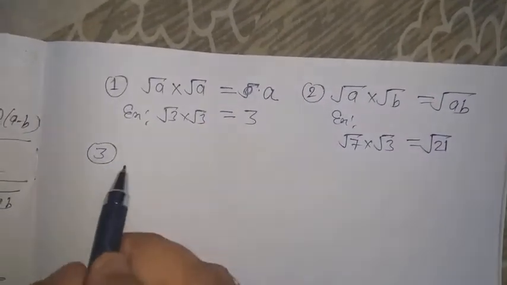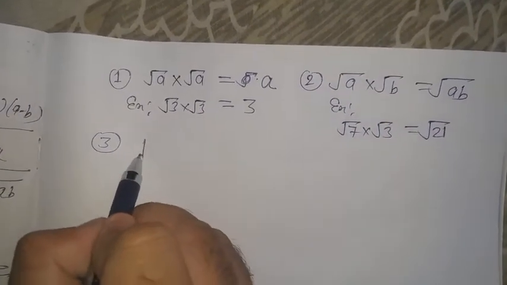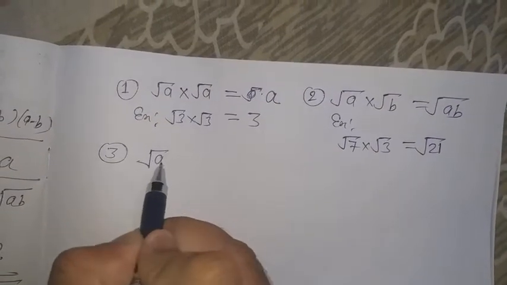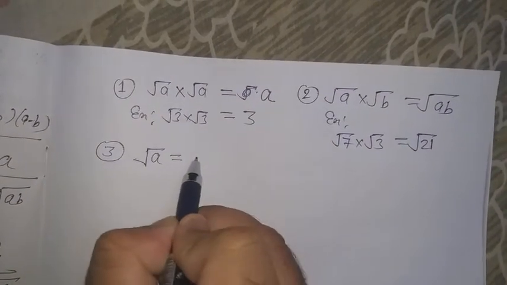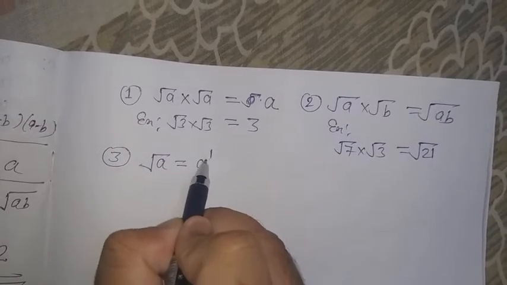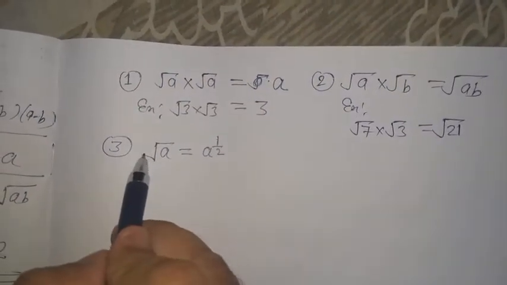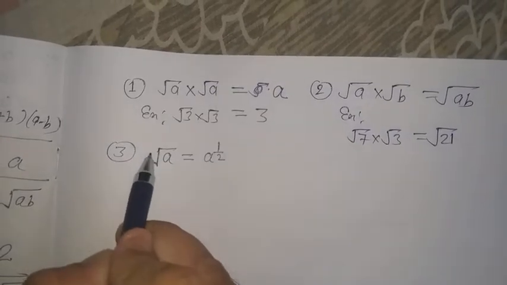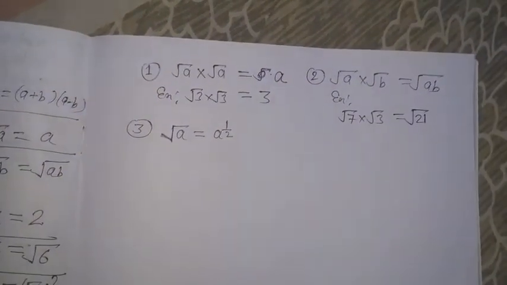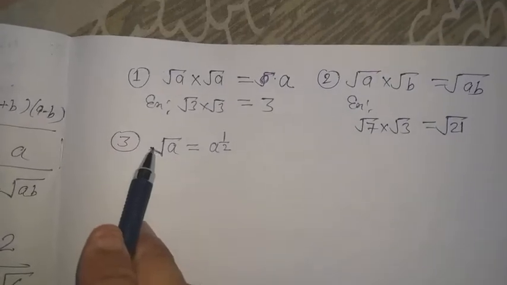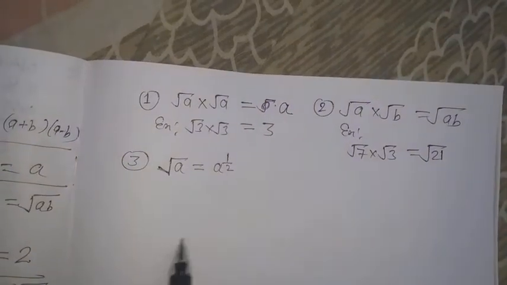Third, as you know that root a means a to the power 1 by 2. So here 2 is there. If nothing is there, means 2 is there. So that's why 1 by 2.